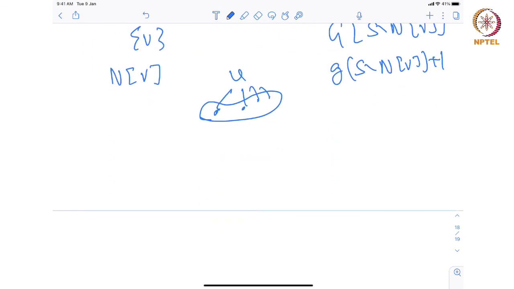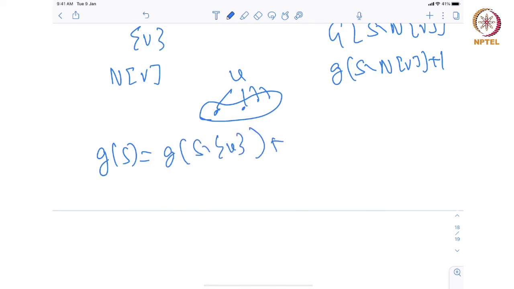So that immediately gives us a recurrence. G of S is nothing but G of S minus V plus G of S minus N of V plus 1, where V belongs to S. Okay, that's it.